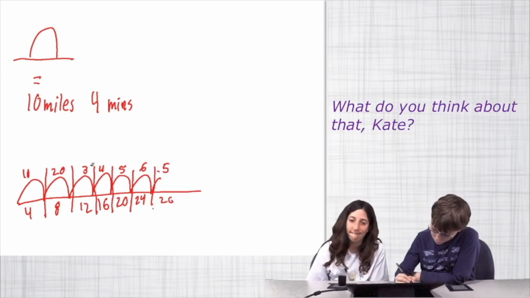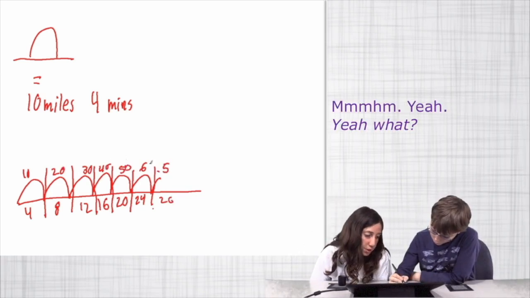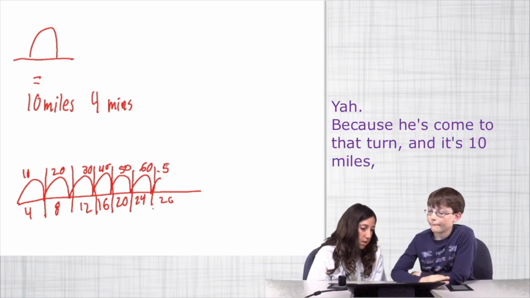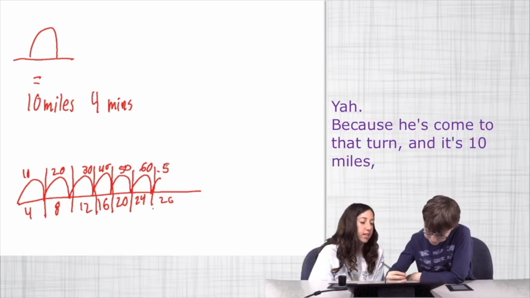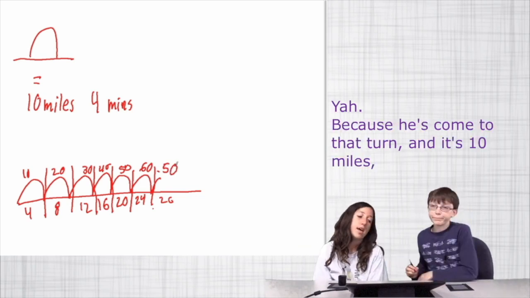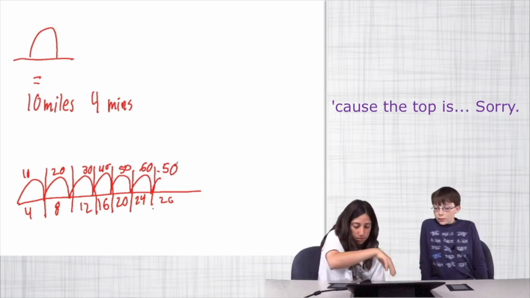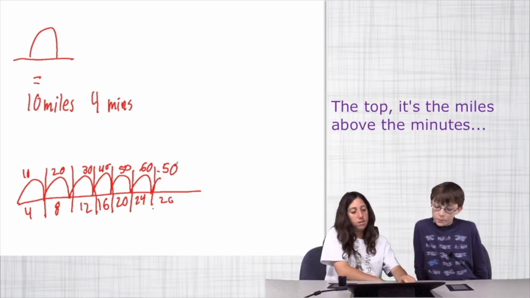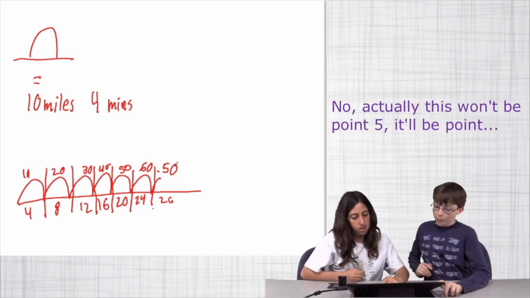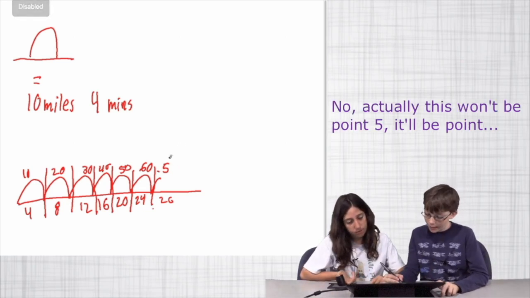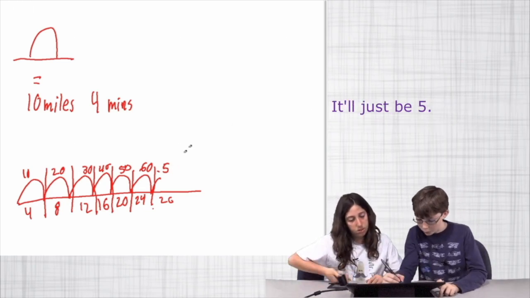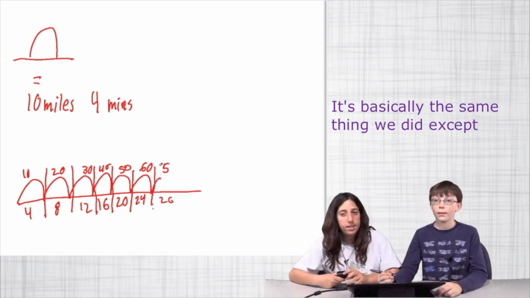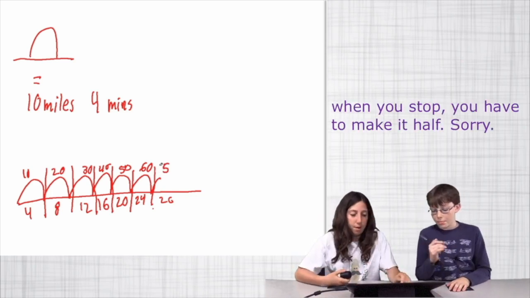What do you think about that, Kate? He's counting by 10, and it's 10 miles, because the top is the miles, the bottom's the minutes. No, actually, this won't be 0.5. It'll just be 5. It's basically the same thing we did, except when you stop, you have to make a half thing.